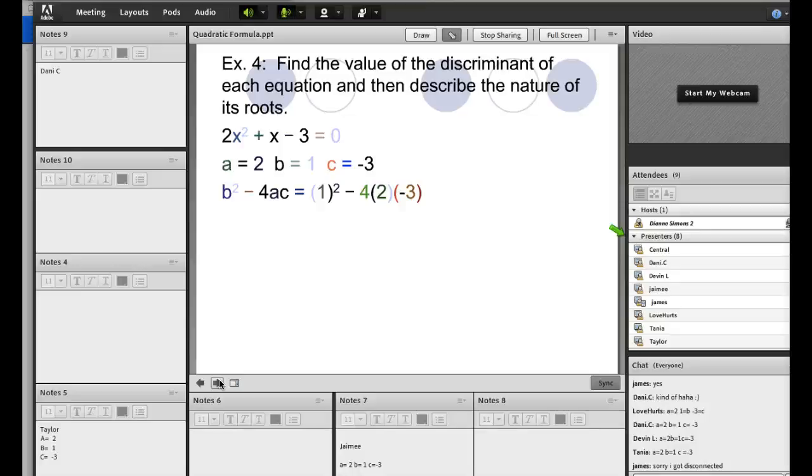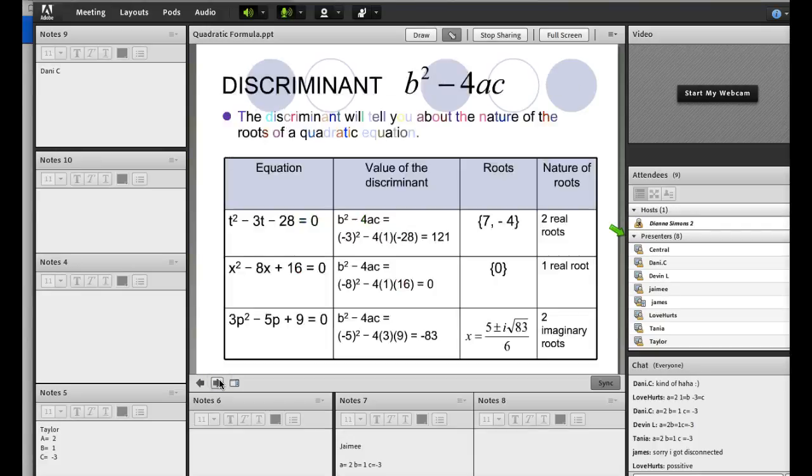Positive, negative, or 0? Nobody? Okay, how about now? Positive, negative, or 0? Yes. So how many roots are there going to be? 2. 2 roots. All right.